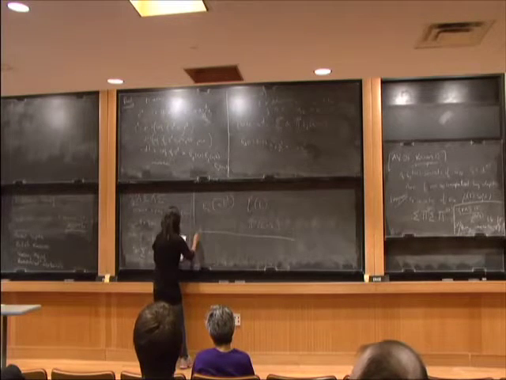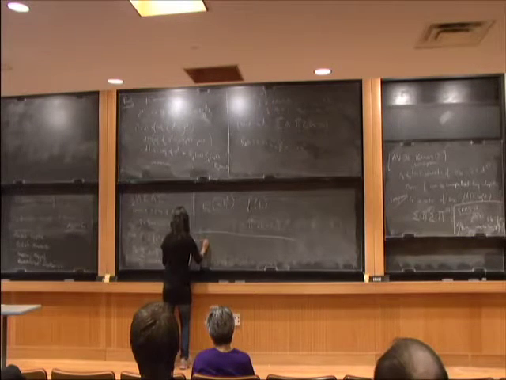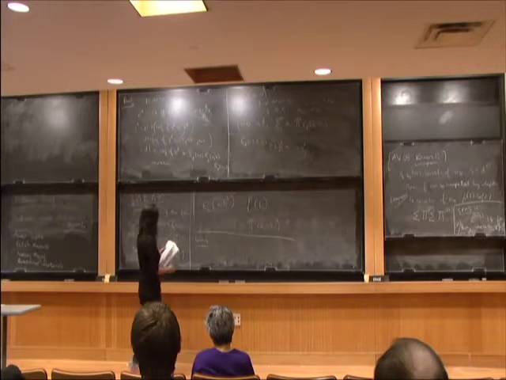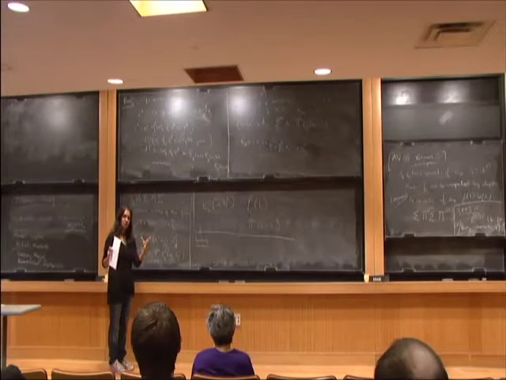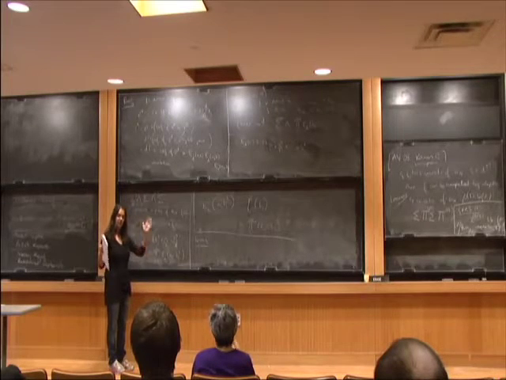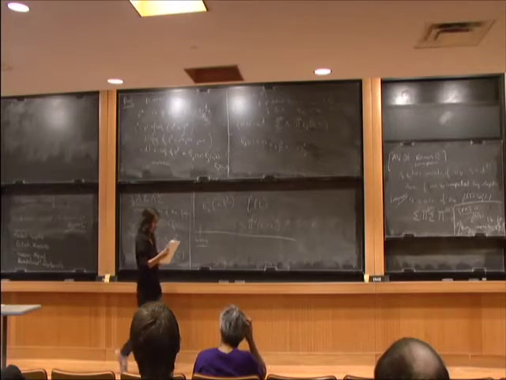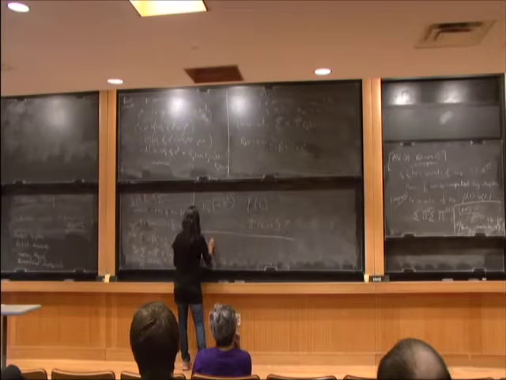So here's a lemma. This lemma is basically a way of taking any circuit over a field extension and converting it to a circuit over the base field.